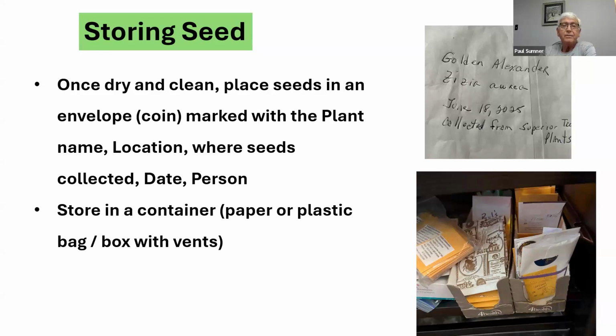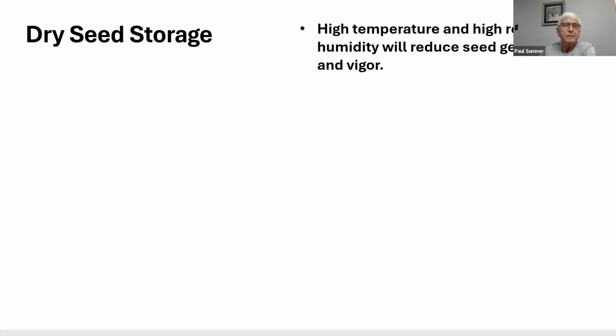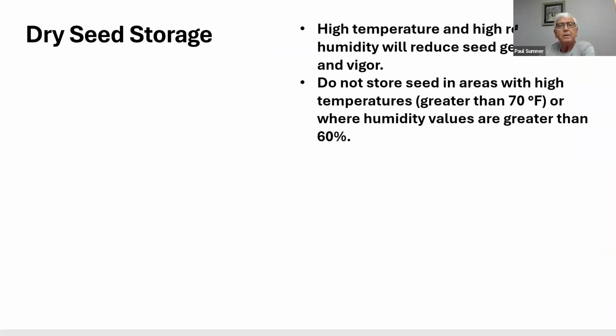And this is where there are some differences in the recommendations. We store ours in paper boxes that are open, and we have vents in them. The proper seed storage recommendations are that you don't store seed with high temperature or high relative humidity, because that would reduce the seed germination.